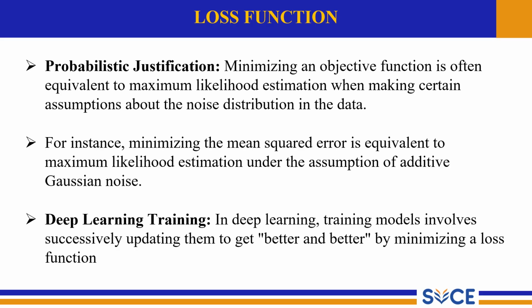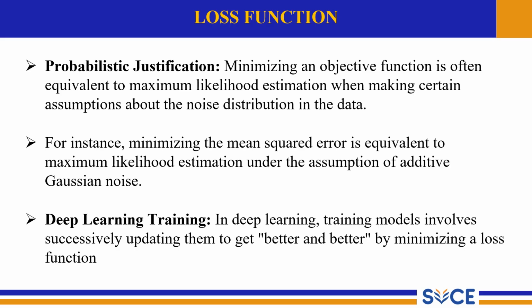There is actually a probabilistic reasoning behind using loss functions. In many cases, minimizing a loss function is the same as maximizing likelihood estimation, assuming we make certain assumptions about the noise in the data.